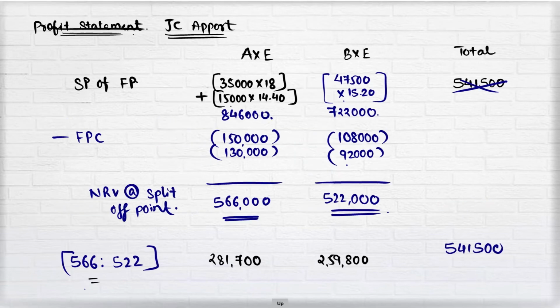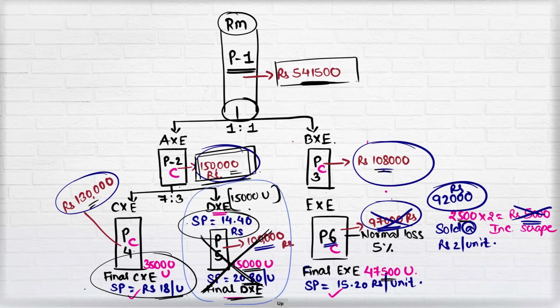Correct. We have made a mistake in the joint cost. I'll tell you how. What is the cost of process 2? 1,50,000. Have we apportioned some portion of this? Yes. Some portion of this is apportioned to AXC or not? Yes.